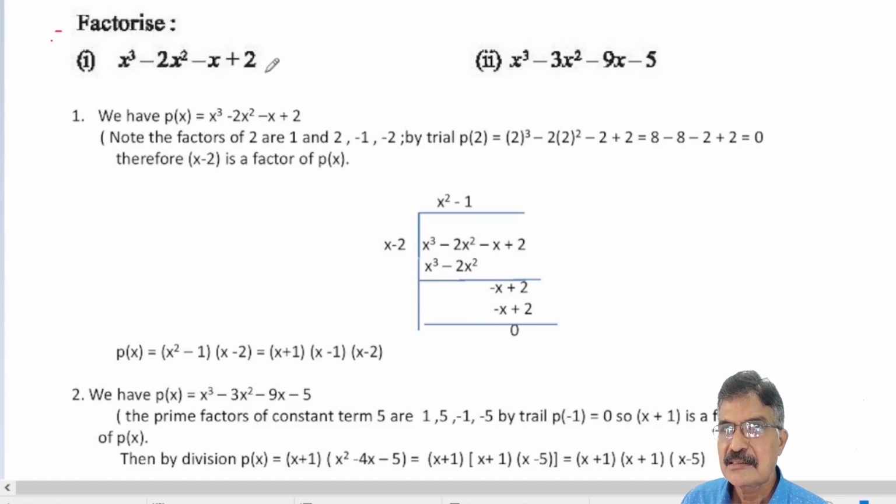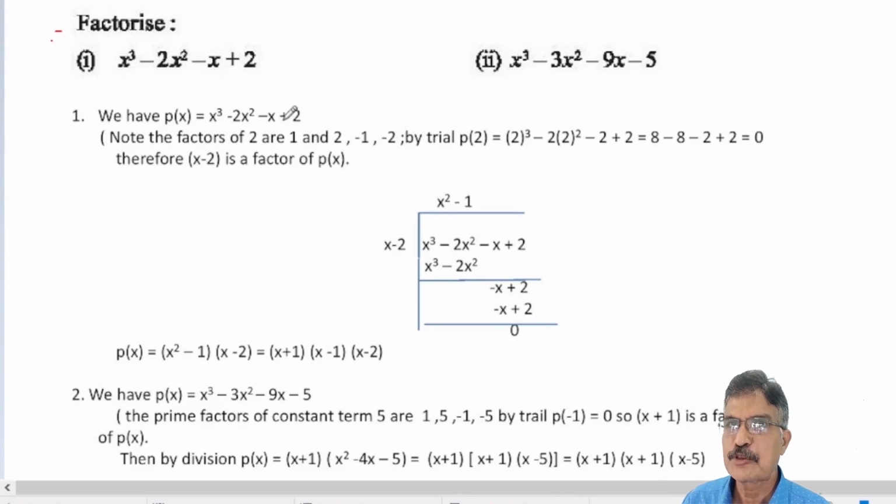In this method, first we will take the prime factors of this constant term. The prime factors of the constant term are 2, 1, minus 2, minus 1. 4 factors are there. Then we will find the value of this expression for these factors.